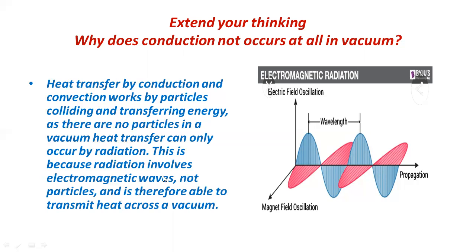This is because radiation involves electromagnetic waves, not particles. There are no particles in a vacuum, so only radiation can transfer heat. You can see these are the waves or the radiation which can transfer heat in a vacuum.